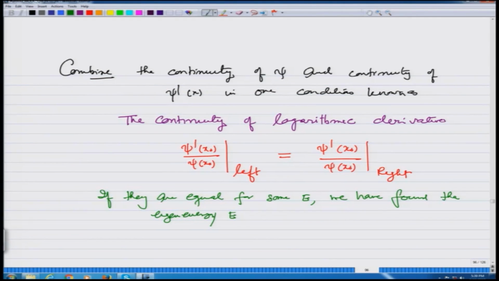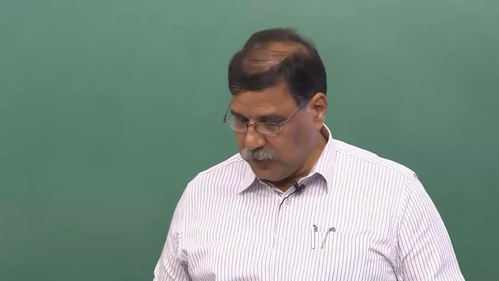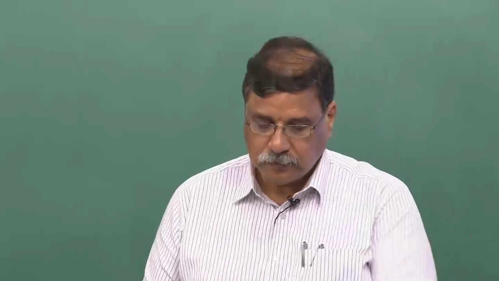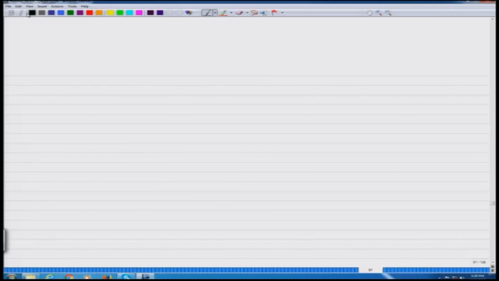So, we scan over the energy and see what happens. So, these are going to be the two methods which we use in calculating the eigenfunctions and eigenenergies of a given problem. And right now, as I said earlier, we are focusing on problems where the potential could be anything between x equals 0 and x equals L, but it is going to be infinity outside that region. So, that the wave function is always going to be 0 at the two boundaries.